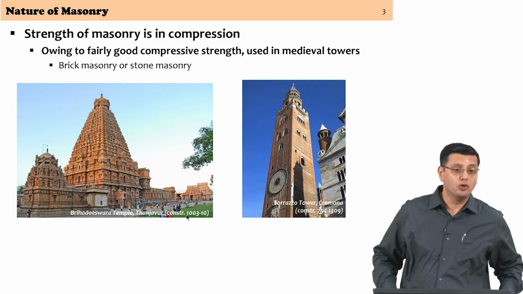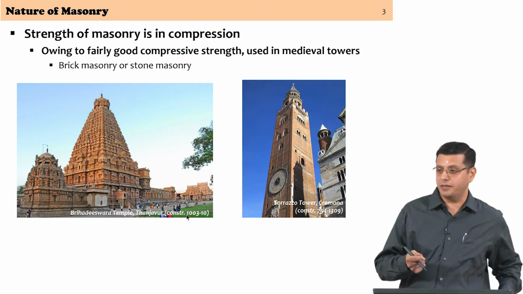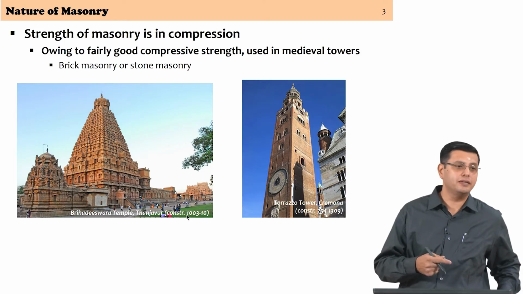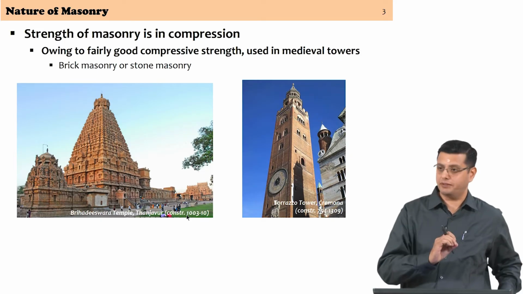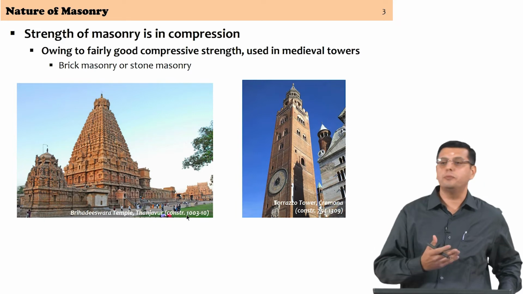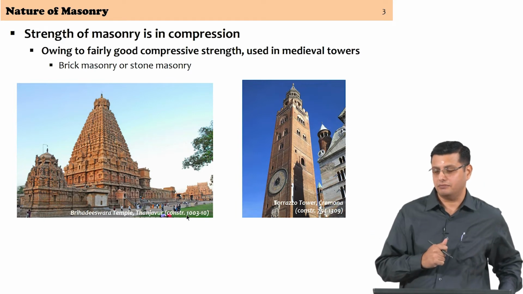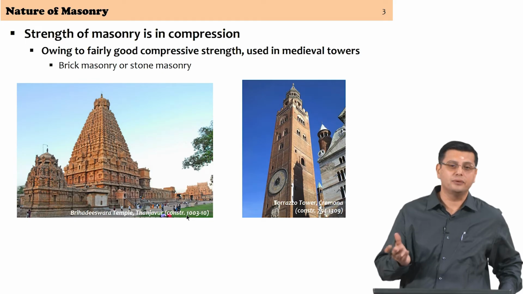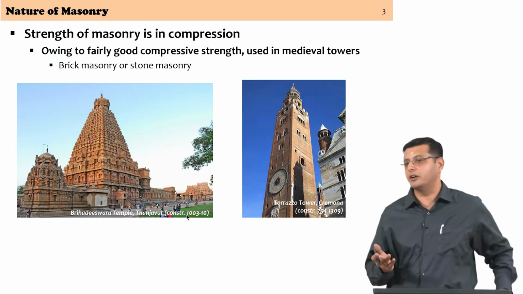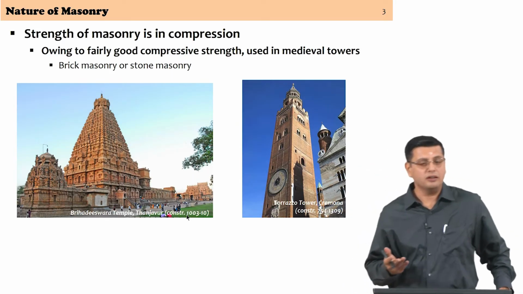You need to know the compressive strength of the masonry, because you can assume that it is going to fail by crushing. Okay. What would be an estimate of the compressive strength of masonry? You are familiar with concrete, you talk of M20 concrete, M30 concrete or M40 concrete or so on.